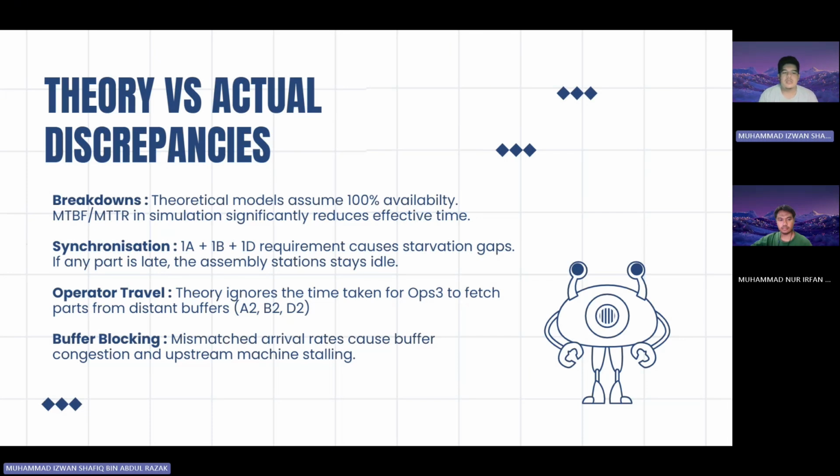If any part is late, the assembly station stays idle. For operator travel, theory ignores the time taken for operator 3 to fetch parts from the distant buffers A2, B2, and D2. For buffer blocking, mismatched arrival rates cause buffer congestion and upstream machine stalling.